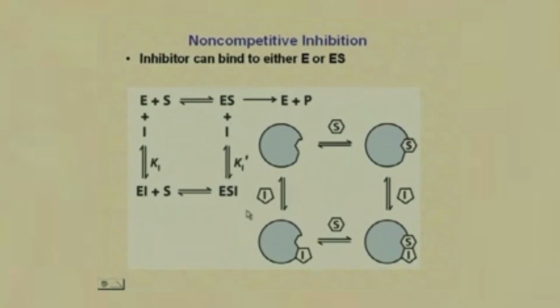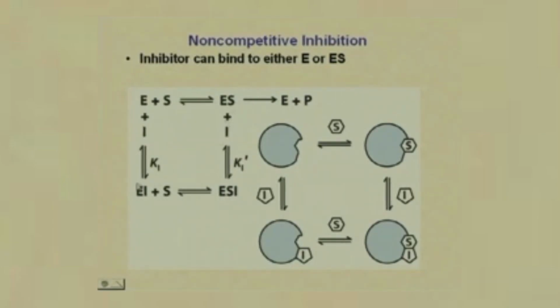But in non-competitive inhibition, now what does this do? Basically, it affects the formation of the product. The inhibition of a reaction is going to affect how the substrate is eventually going to go to the product. Okay? Because you have to have the enzyme substrate complex that is going to dissociate to form the product.